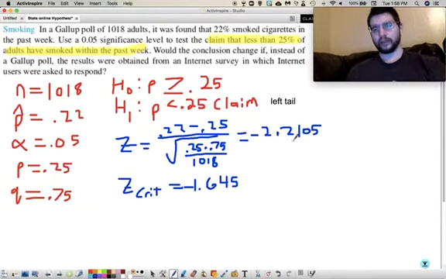And that's why I like to go 4 decimal places, because sometimes the critical values are 3 decimal places. So if we have 4 decimal places, even if this was, let's say, 1.6453 or 1.6447, we'd know whether or not it was rejected. It's far away, so we don't have to worry about that. Just got to graph it and see what's going on.